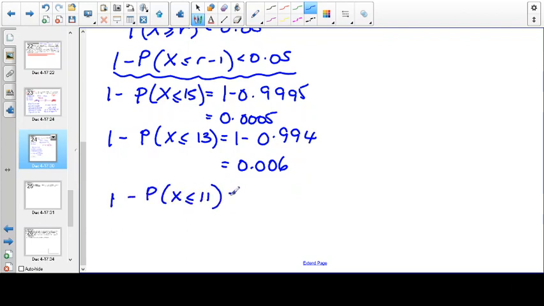So 11 will be 1 minus 0.956, which is 0.044. Okay, I'll just double check and put 12 in.